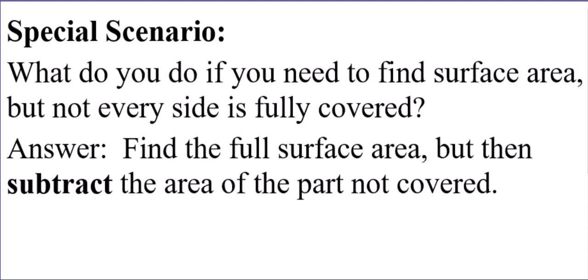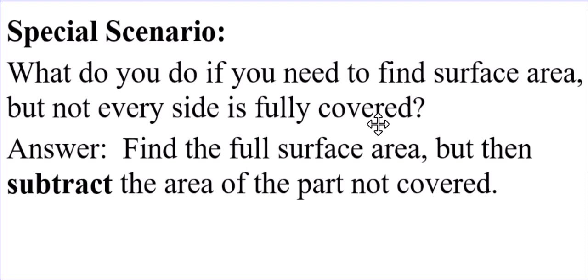All right, so there is a special scenario I want to mention real quick. What do you do if you need to find surface area, but not every side is fully covered? Now, I know this is probably not a scenario that happens a lot in life, but it could. You could maybe have a box where the top is open, therefore you don't need the rectangle at the top of the box.